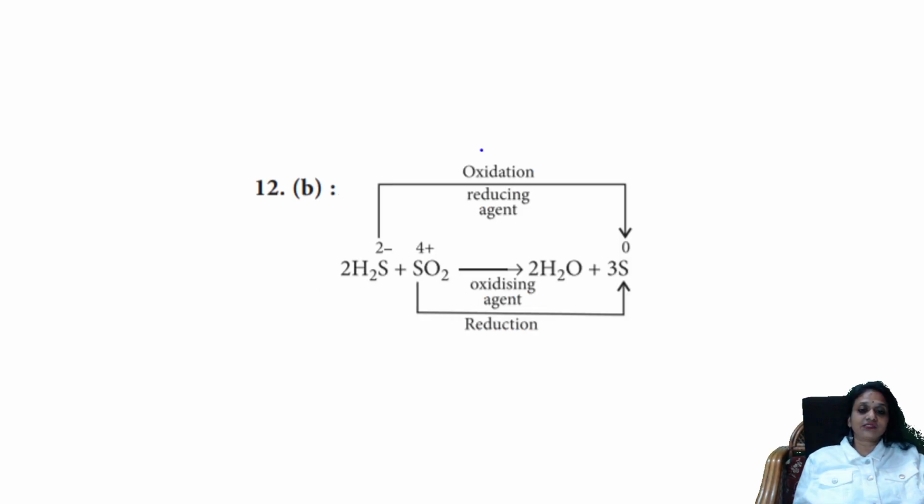See this. The reaction of sulfur dioxide with H2S gives elemental sulfur. Yes, the assertion is right. Reason: here H2S is acting as a reducing agent. From the -2 oxidation state it is going to 0.